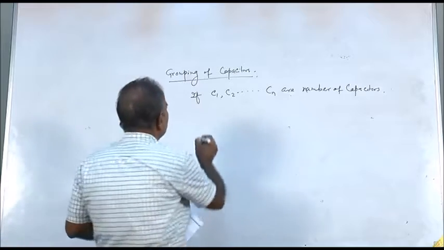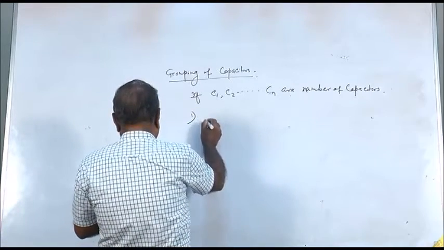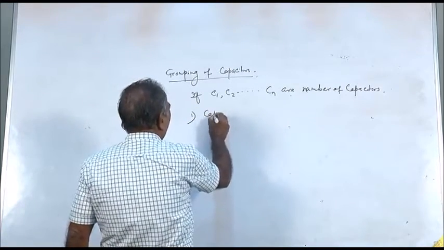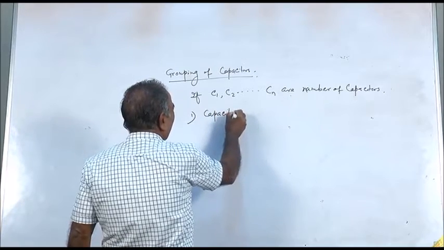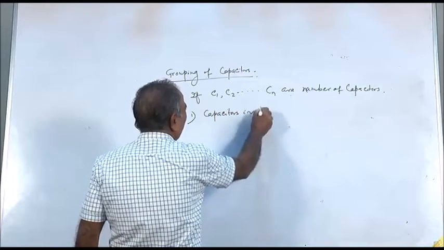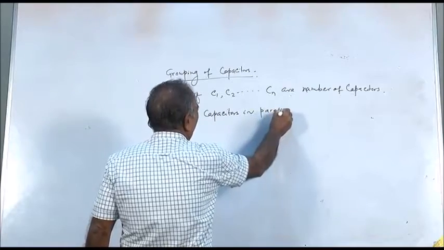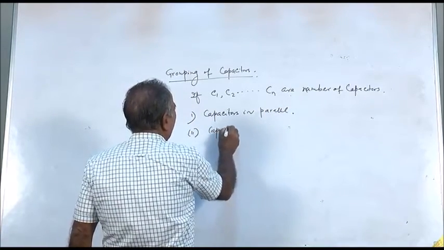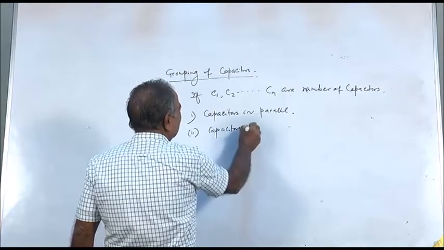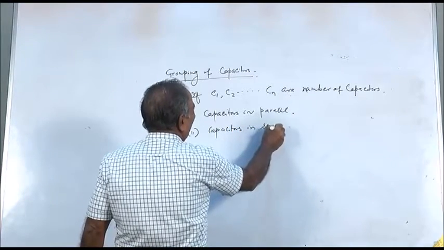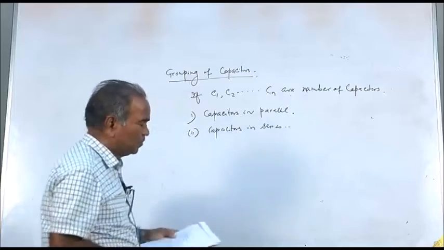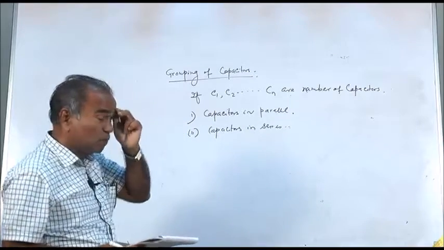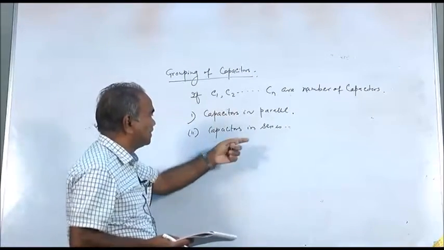One is capacitors in parallel, then capacitors in series. The grouping can be done in two ways. One is called a parallel grouping, another is called a series grouping.